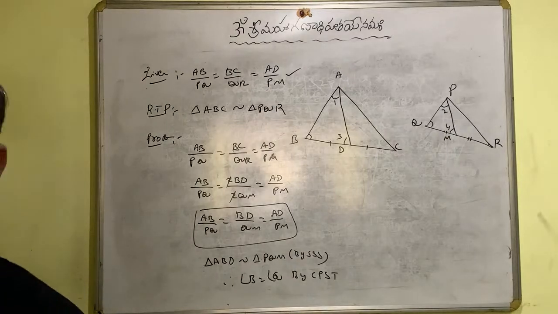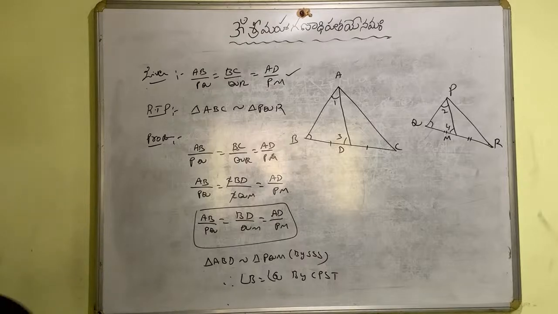Angle 1 and angle 2 are equal, angle 3 and angle 4 are also equal, because triangle ABD is similar to triangle PQM by SSS similarity. But I consider only angle B and angle Q, leaving the remaining two pairs. Why? Can anyone say?